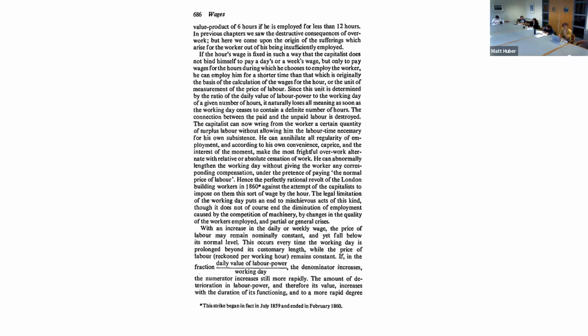He can abnormally lengthen the working day without giving the worker any corresponding compensation, under the pretense of paying the normal price of labor. Hence the perfectly rational revolt of the London building workers in 1860 against the attempt of the capitalists to impose this sort of wage by the hour.